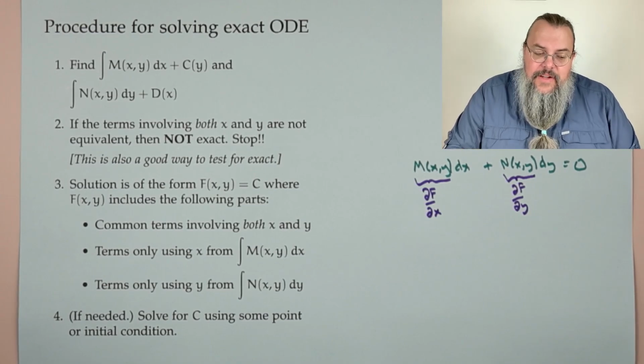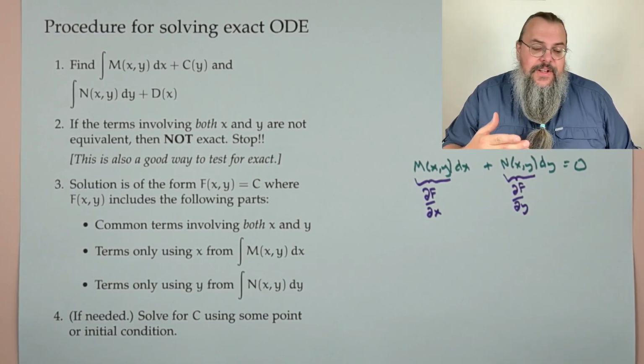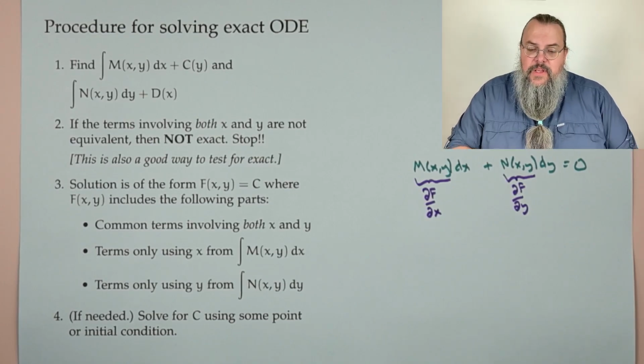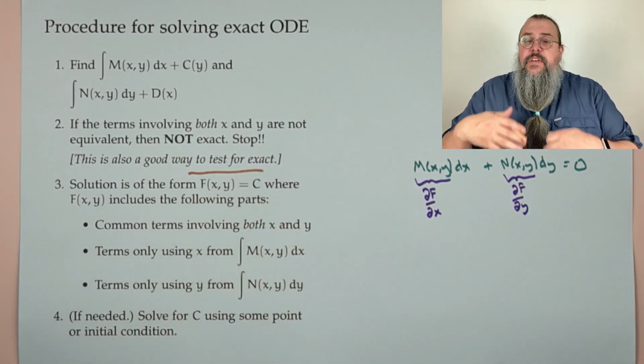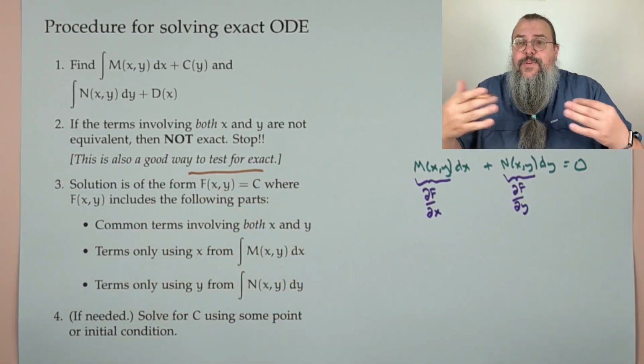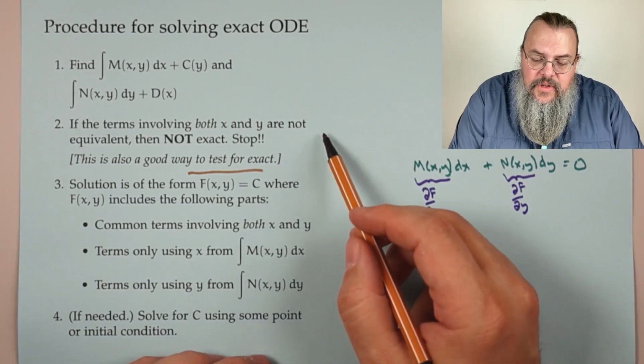That's an important thing. You want to make sure that the process is working and that the answer is going to be what you want. So this is a good way to test for exactness. Sometimes you'll see a problem saying, give a test for exactness. There are really two tests.